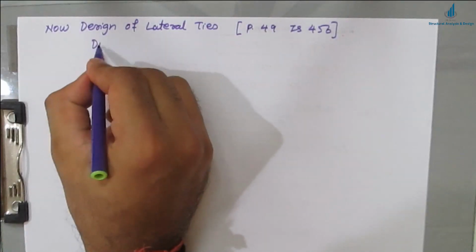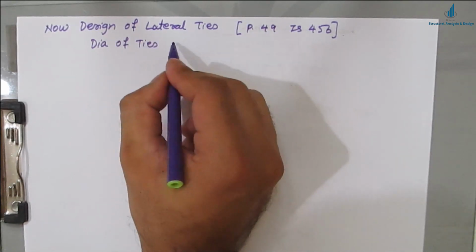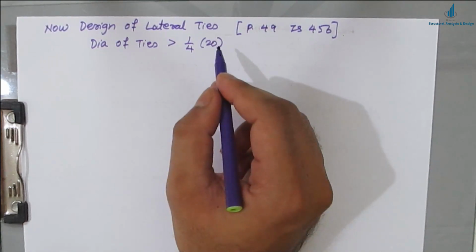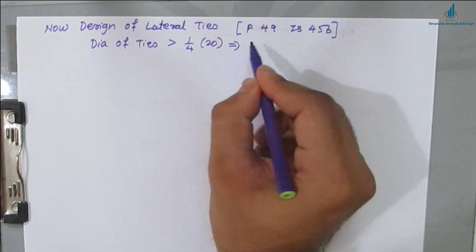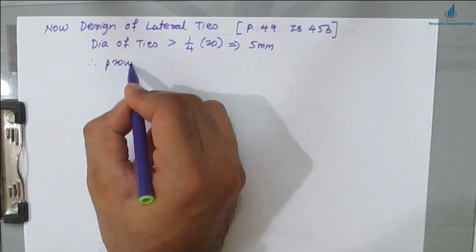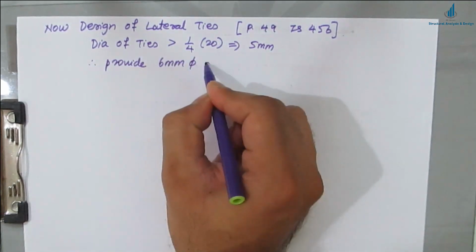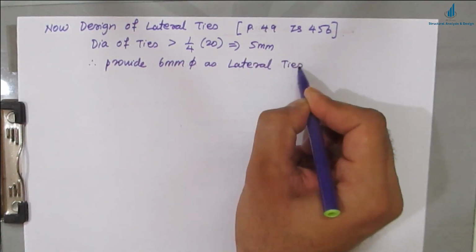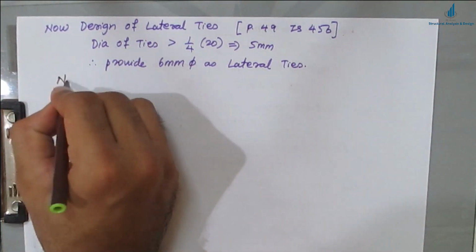So diameter of ties should be greater than 1/4 of this 20 mm because we have used 20 mm as longitudinal bar. So this comes around 5 mm. Therefore, provide 6 mm phi as lateral ties.